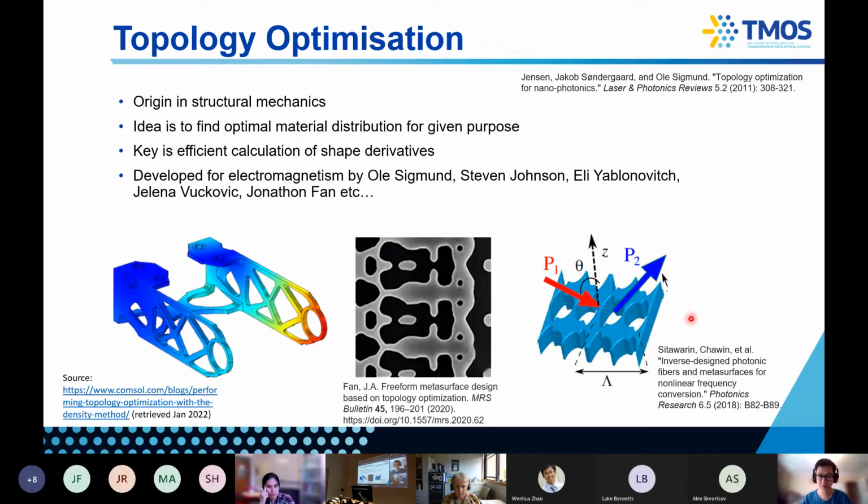And most recently, Rodriguez has used it to optimize nonlinear effects, and this is the second harmonic generation case. And the question for us is, can we apply this to sum frequency generation, which is the more general second order nonlinear interaction?